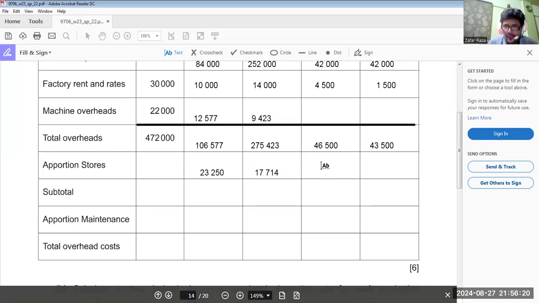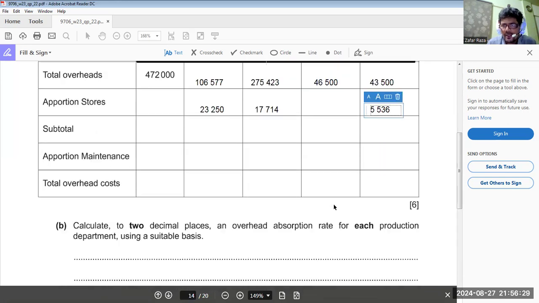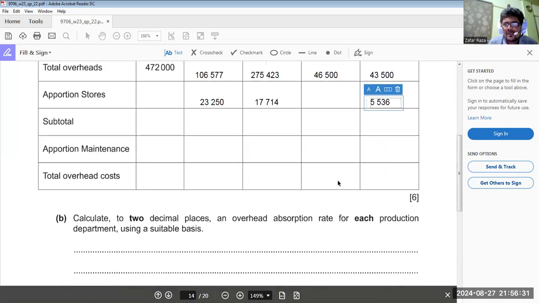So that would be apportioned to the maintenance department. You don't need to calculate, we can easily deduct it. And this 46,500 has been divided and finished.